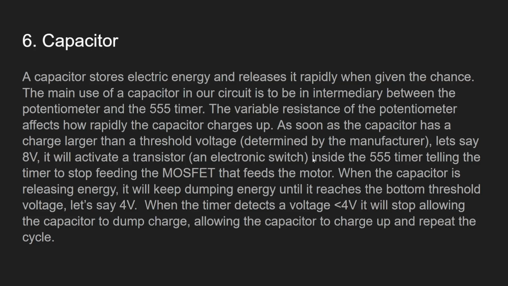I apologize, but I want to explain this clearly. So let's say at this current moment, the MOSFET is feeding the motor, and the motor is running. It is waiting until there is an 8-volt charge on the capacitor. As soon as that 8-volt charge is found on the capacitor, it stops feeding the MOSFET and dumps the capacitor to ground.